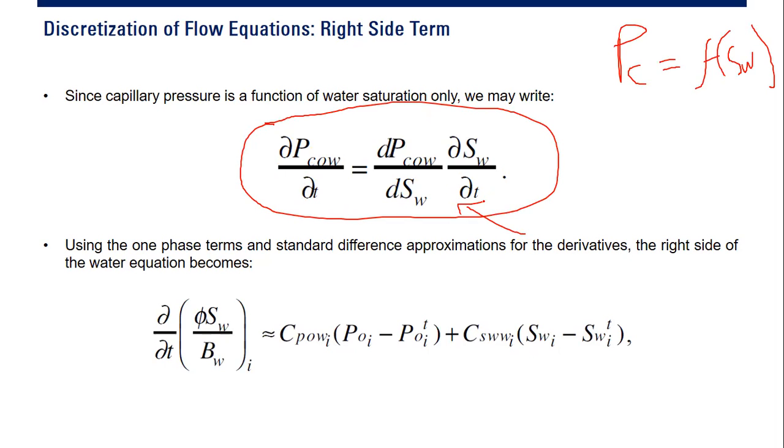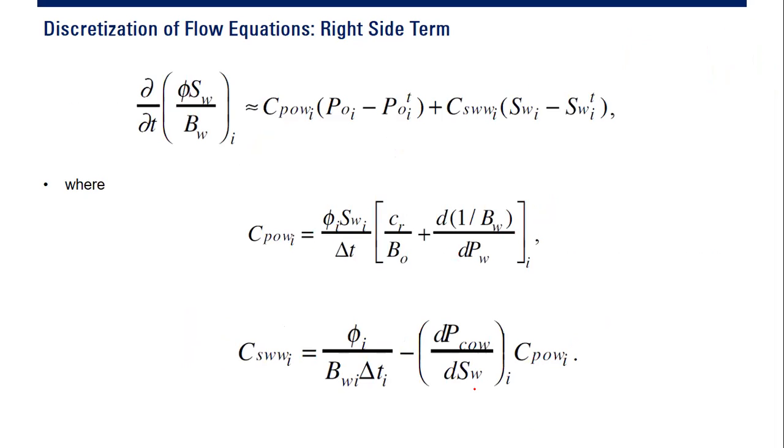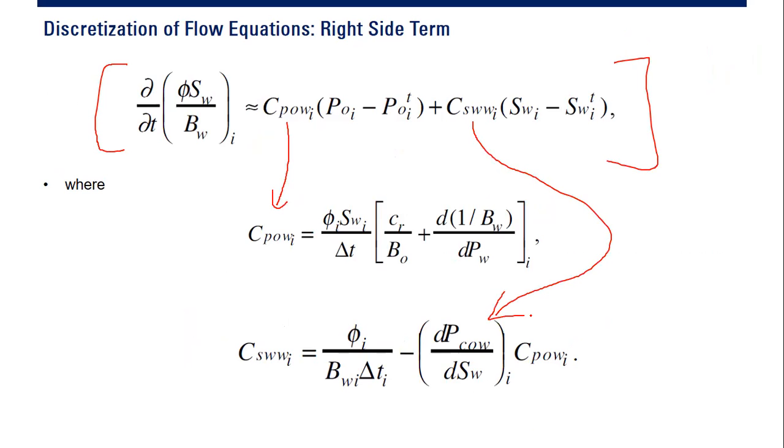Using the one-phase terms and standard difference approximation for the derivatives, the right side of the water equation becomes like this. All right, so here we have the right-hand side of the term and the CPOW here and CSWW here. So you get the right-hand side of the flow equation.